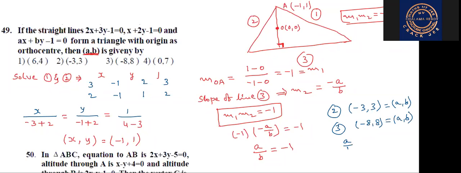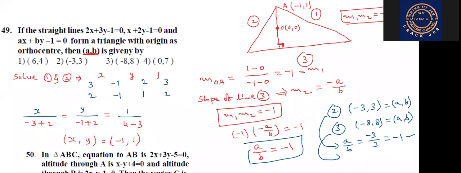For the second option, we get -3 by 3, that is -1. So it is satisfied. Third option, a by b, -8 by 8, that is equal to -1. This is also satisfied.